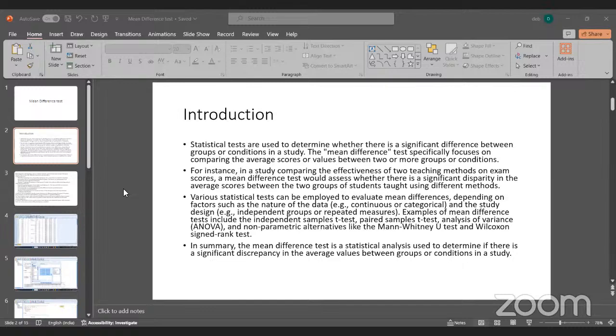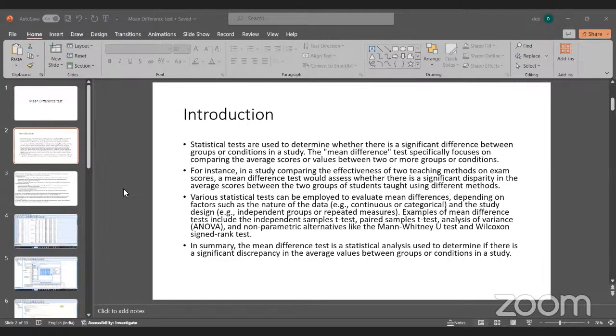Various statistical tests can be employed to evaluate mean difference depending on factors such as the nature of the data, for example continuous or categorical, and the study design, for example independent groups or repeated measures.